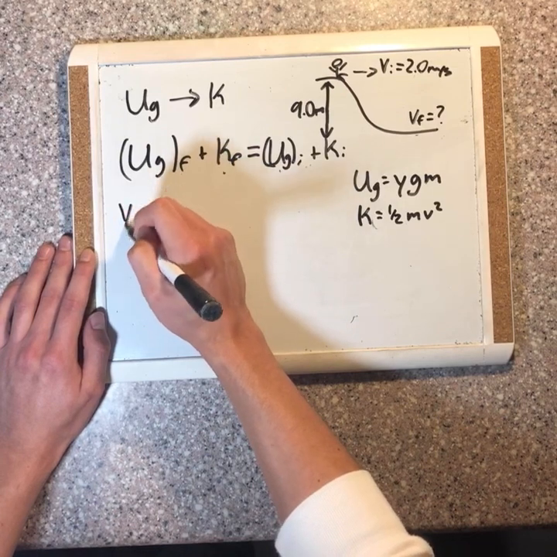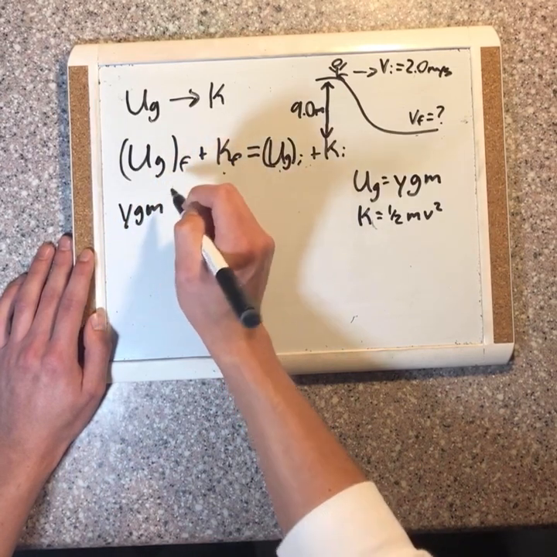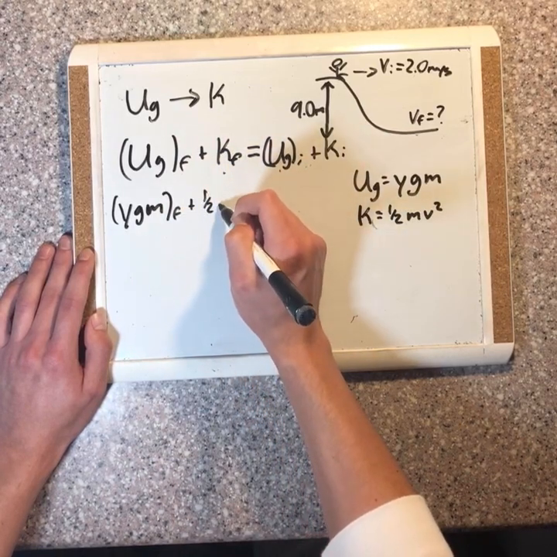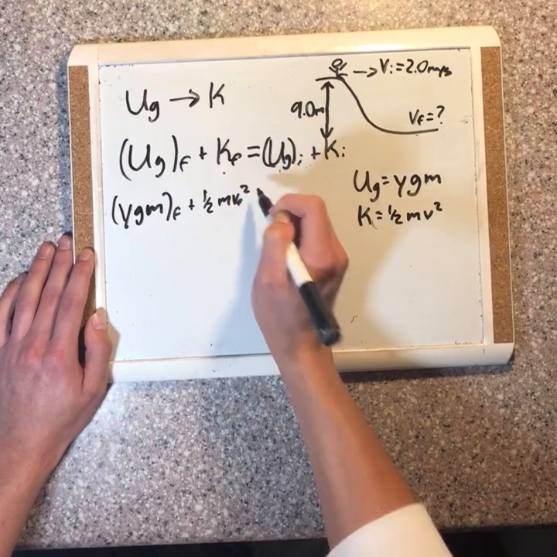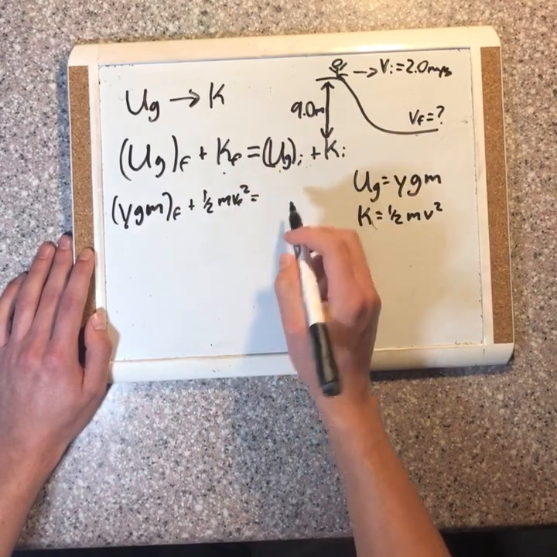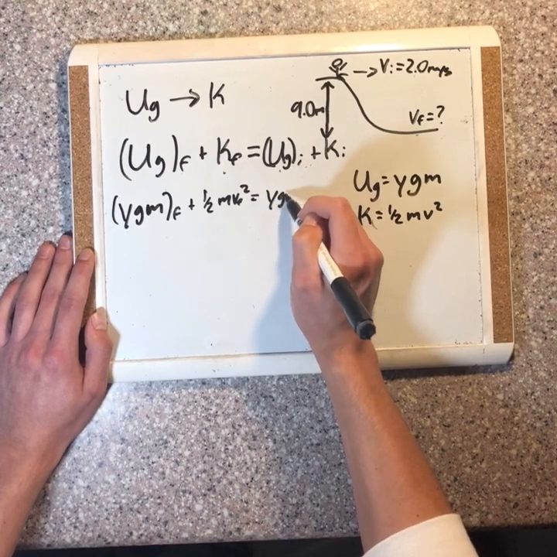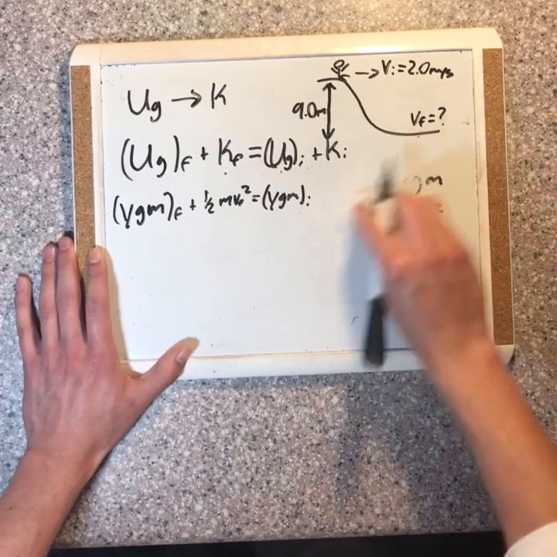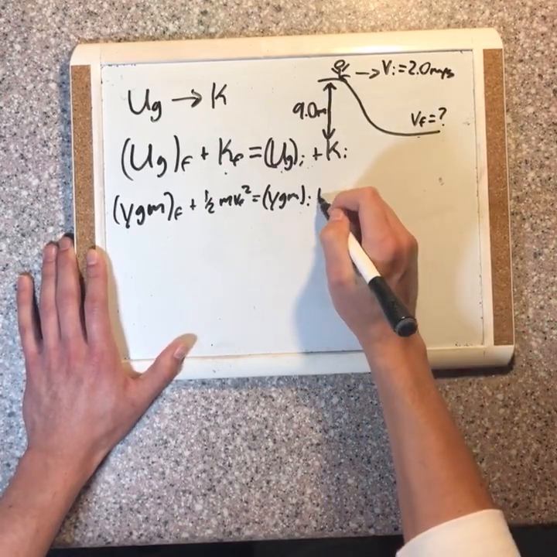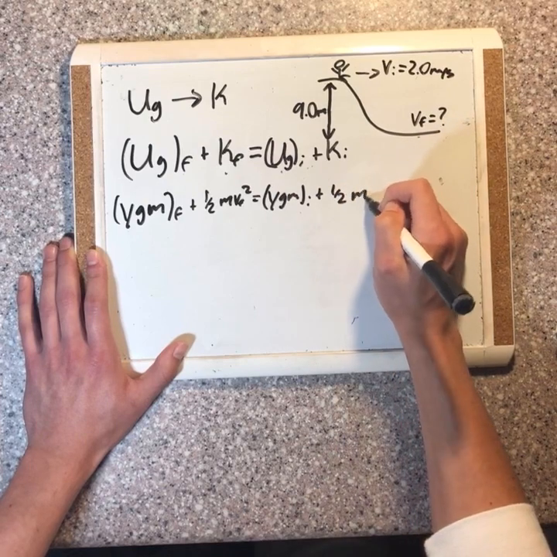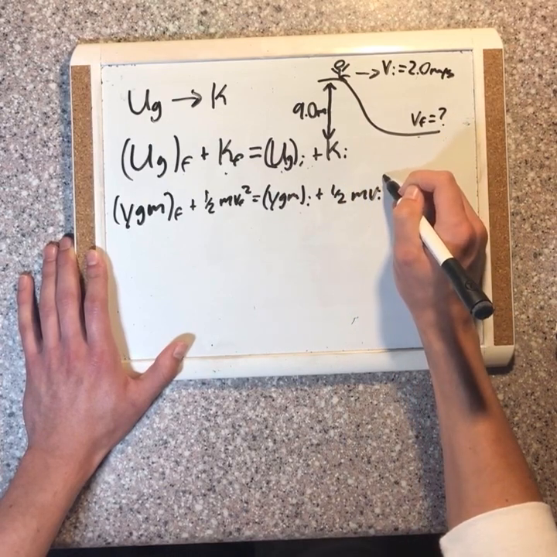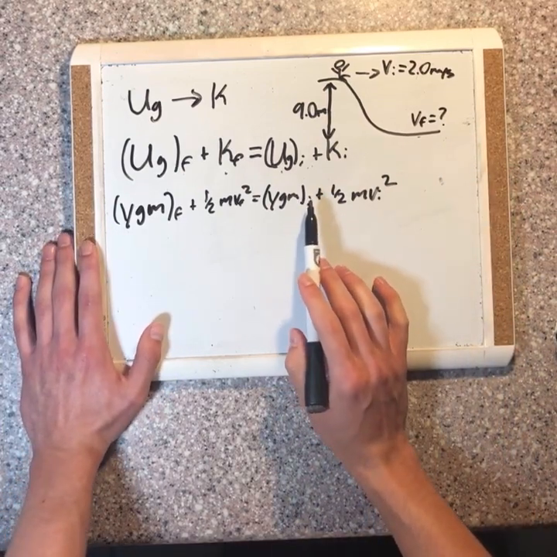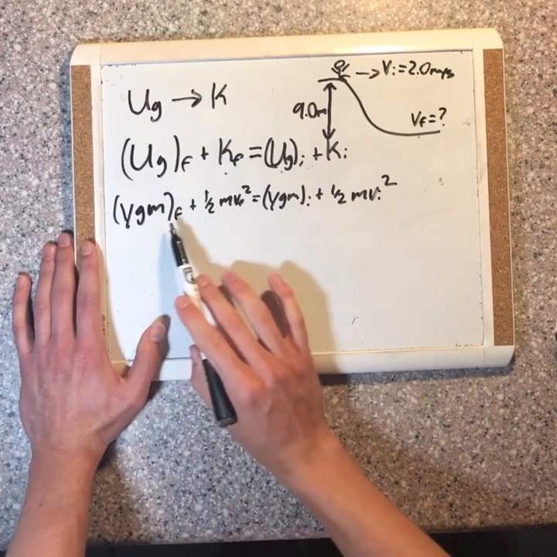So we have y g m final plus 1/2 m v final squared is going to be equal to y g m initial plus 1/2 m v initial squared. All right, let's see if we can deduce anything from this equation.